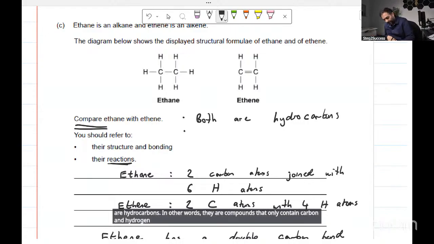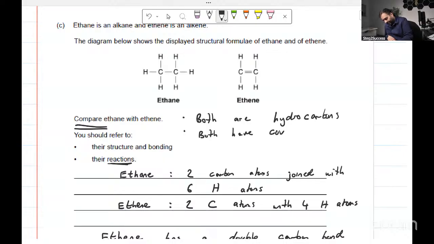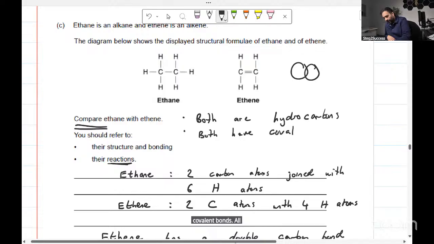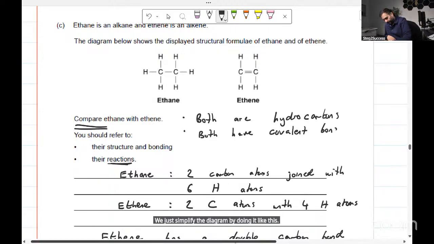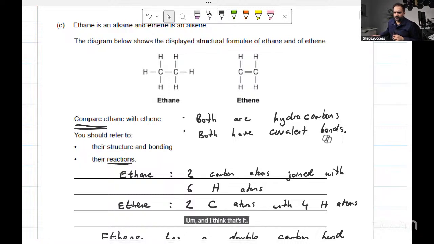You can also say that both have covalent bonds. All of these bonds here are overlapping circles from the covalent bonding topic. We just simplify the diagram by doing it like this. And I think that's it. Yeah, that would be enough for all of the marks there.